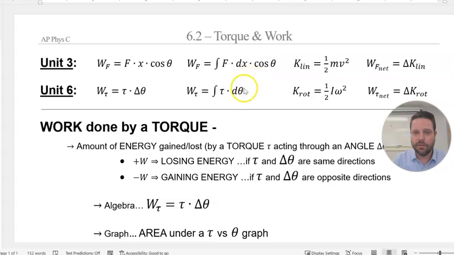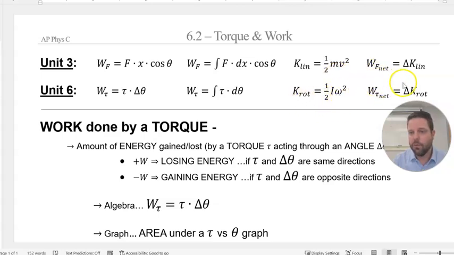We can also look at a calculus form of that where we're going to be integrating then instead of force with respect to a change in position x, we're going to be looking at torque integrated with respect to an angle that's turning through. We have kinetic linear. We already looked at how that has its counterpart with rotational.